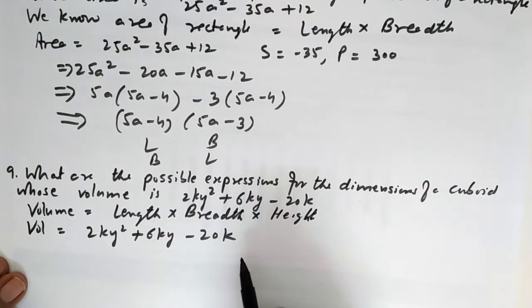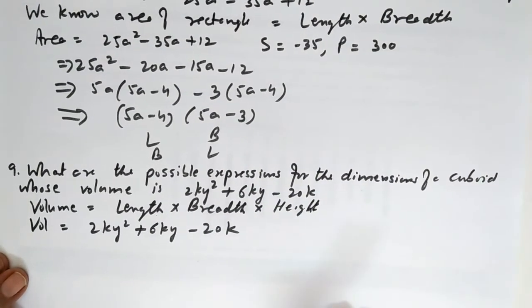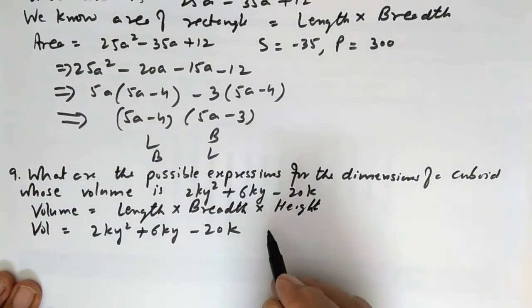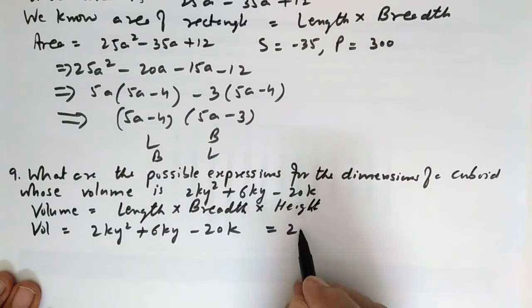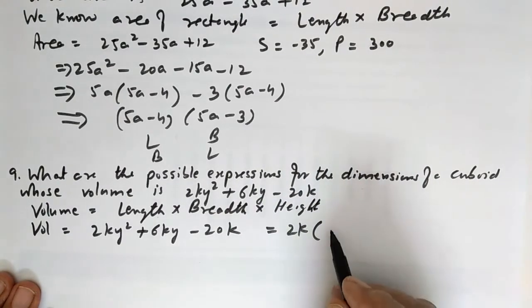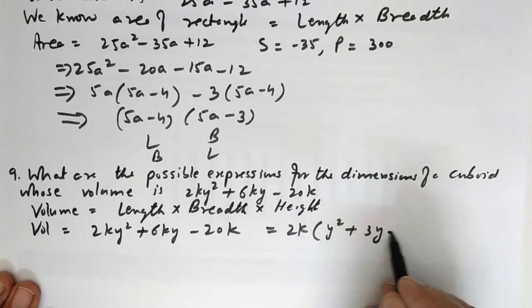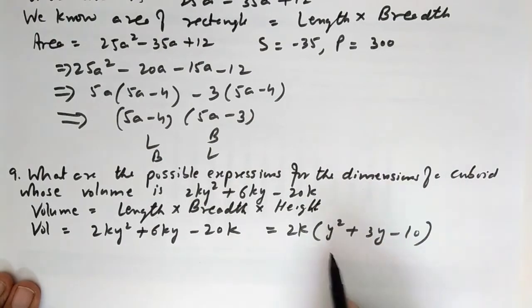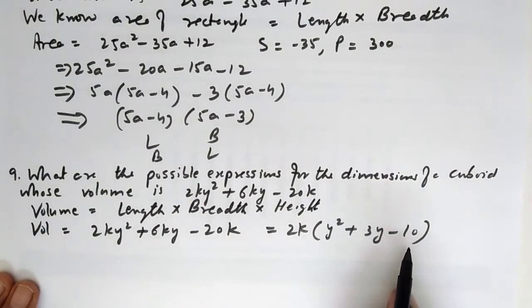The first step to factorize is to take common. तो volume is given by this, इसमें से you can take 2k common. 2k common ले लिया, हमारे पास अंदर बच गया y square plus 3y minus 10. Now you have to split y square plus 3y minus 10.